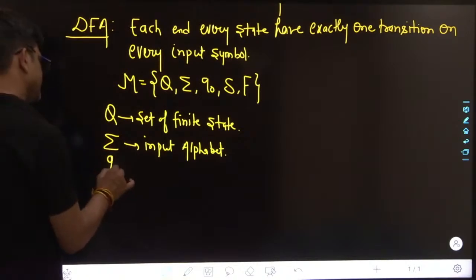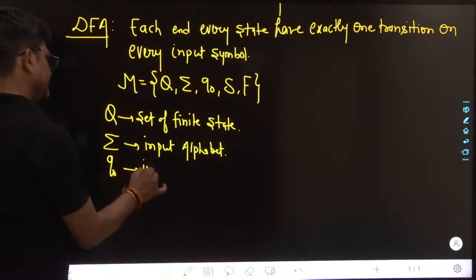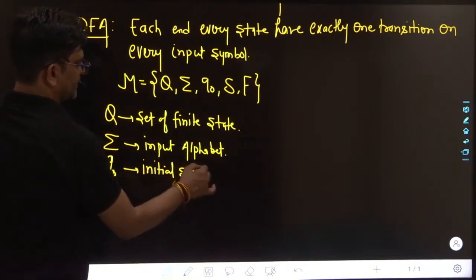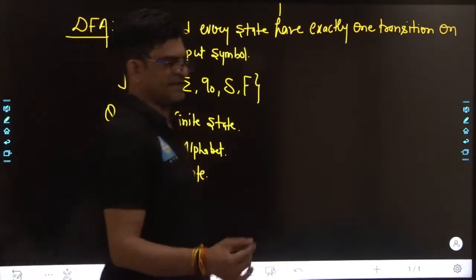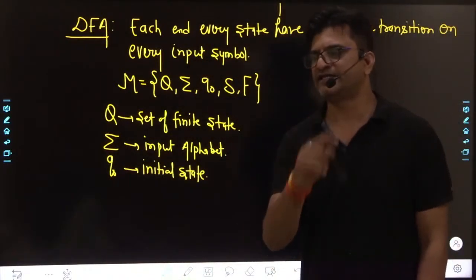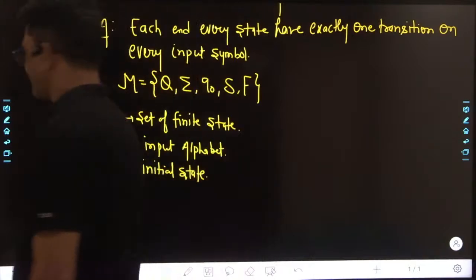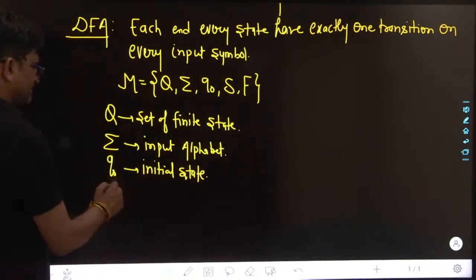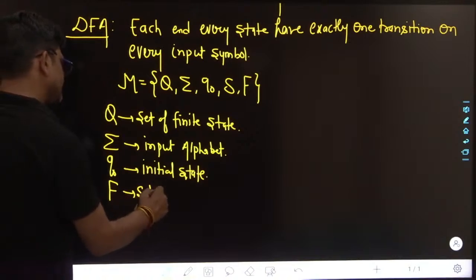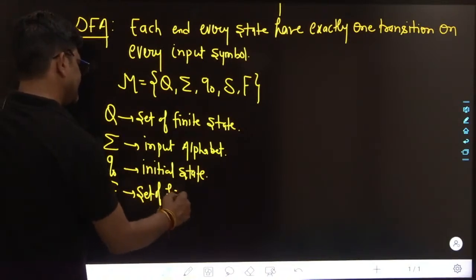What is q naught? Initial state. We have only one initial state. In finite automata, we have only one initial state. Next, F, set of final states.